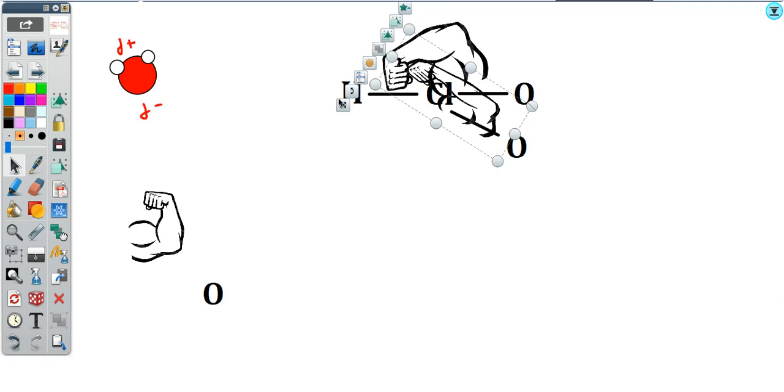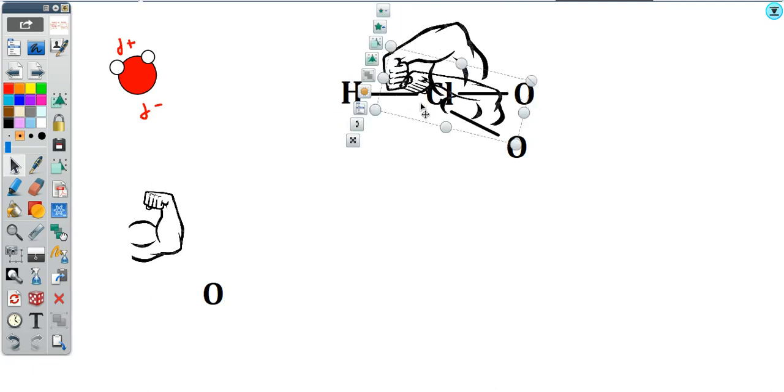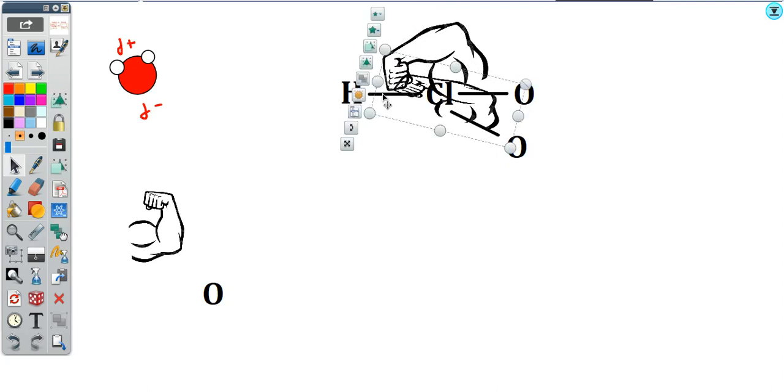So it's pulling on this, even though it's not directly bonded to it. It's pulling on these electrons that you see here, weakening that bond, making it easier for the hydrogen to get pulled away, right?